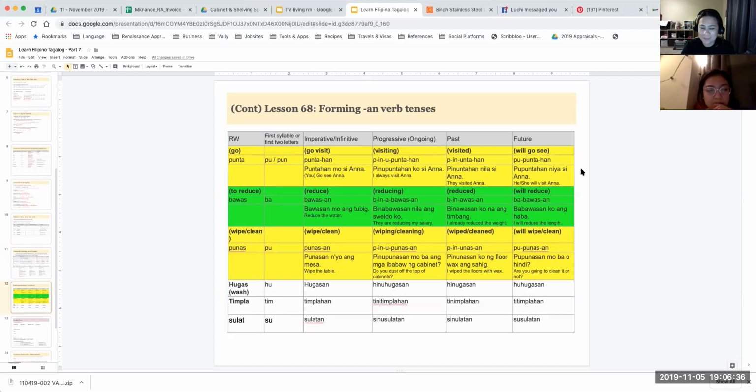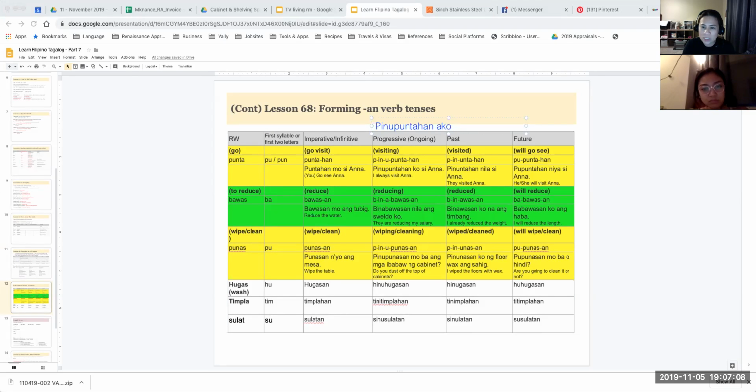So if I want to say, Anna always visits me, we will probably say pinupuntahan. Ako is an ang case. And then Anna, because we use an object focus, she's out of focus.